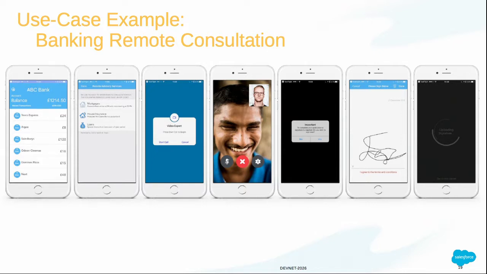That mortgage expert can share PDF files. The customer can sign a signature, upload that to the Spark room, and all of that can be accessed and collaborated with inside either the Salesforce integration that we talked about earlier or just a regular Spark client.